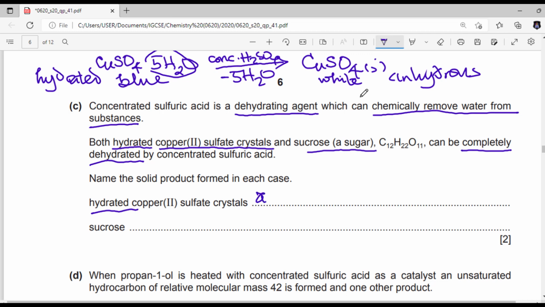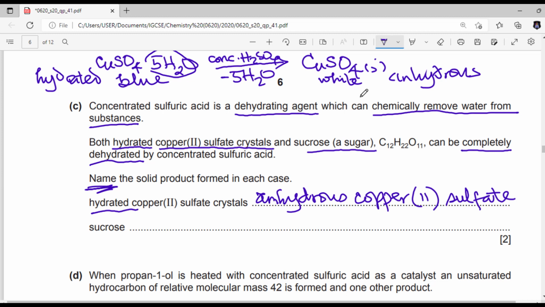This is anhydrous copper 2 sulfate. Name, not the formula. Anhydrous copper 2 sulfate. If you don't add this anhydrous, then you'll be wrong, because that's what differentiates it from the word hydrated.